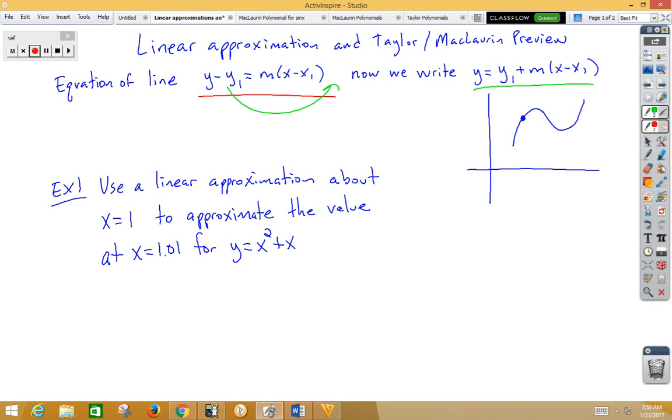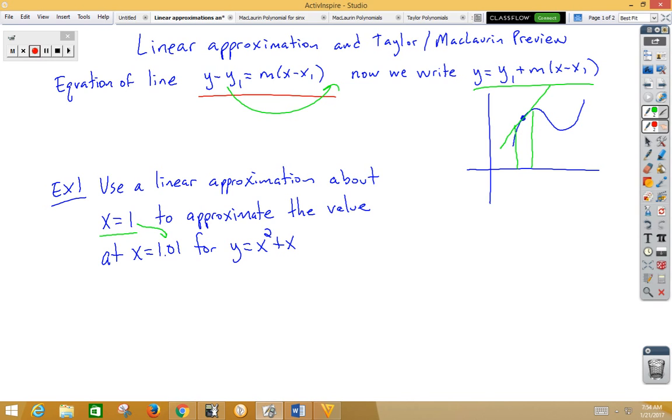So let's take a look at a linear approximation. We're going to use a linear approximation about x is 1 to approximate the value at x is 1.01 for y equals x squared plus x. Now we choose x equals 1 because it's remarkably close to 1.01. If we stare at our curve over here as just an example, a tangent line would be a good approximation for a short period of time.